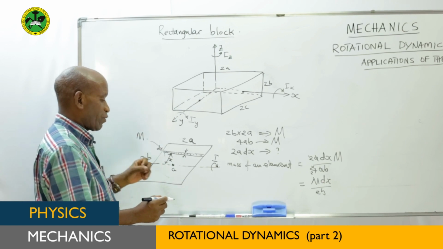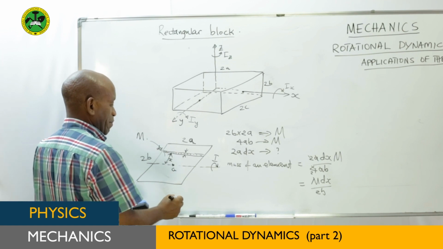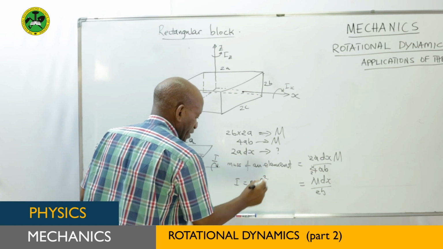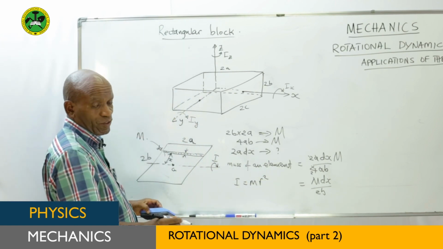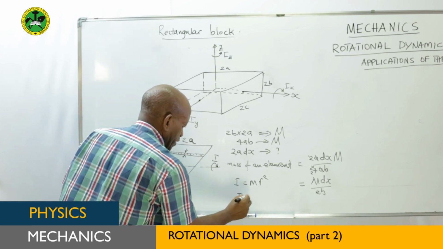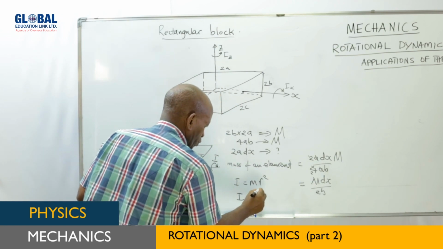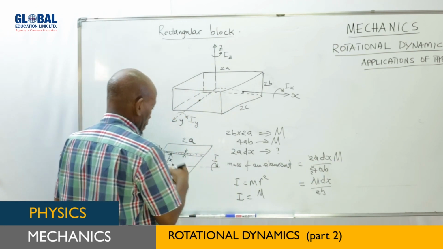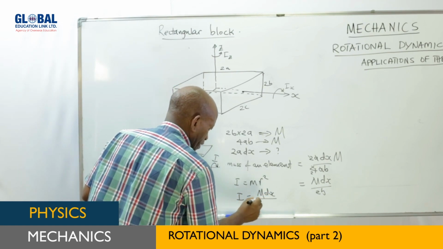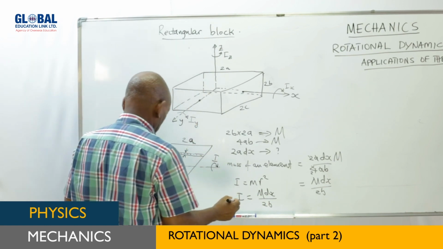So you first need to determine the moment of inertia of this element about this axis. By definition, the moment of inertia I is equal to mass times the distance from the axis of rotation squared. For this particular element, the mass, where capital M is the mass of the whole rectangular plate, will be equal to m dx over 2b. This is the mass, and the distance now is x.